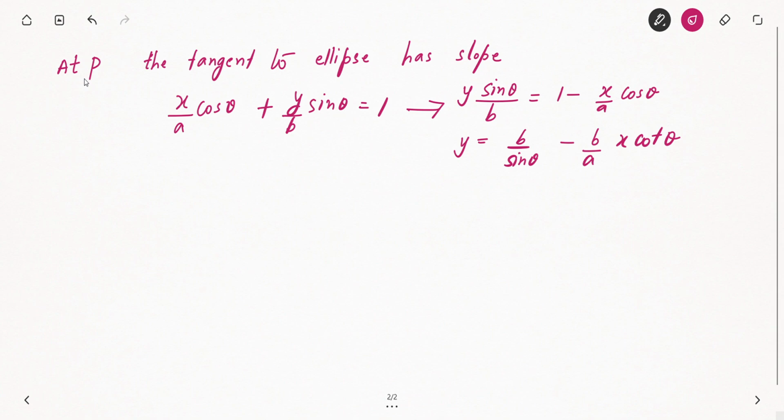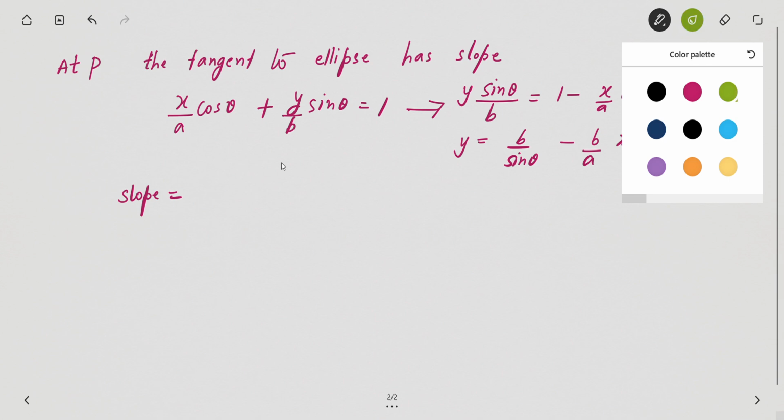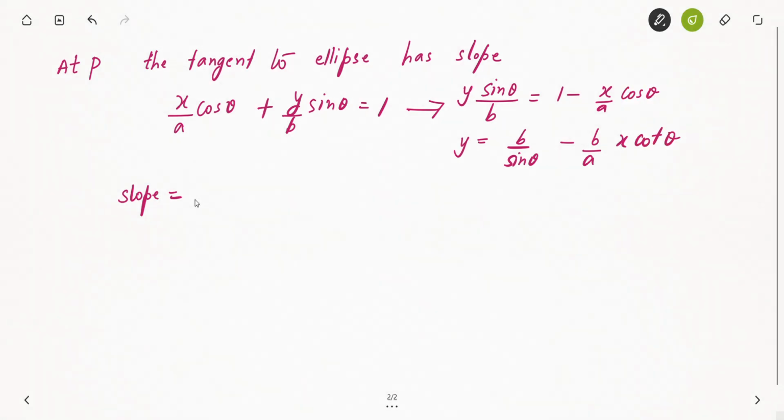Okay, so from here I can say that the slope will be, I'm just using other ink to highlight it. So slope will be nothing but minus b upon a cot theta. Now I got the value of cos square theta and sin square theta.